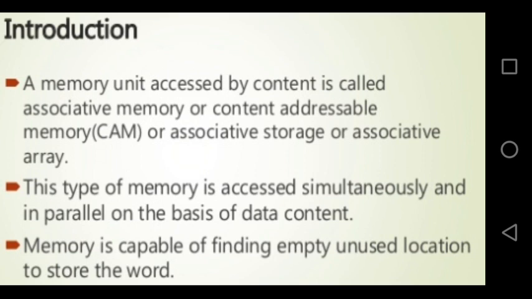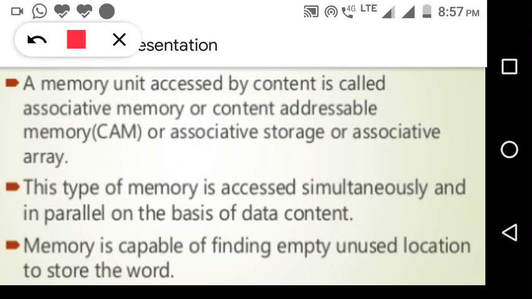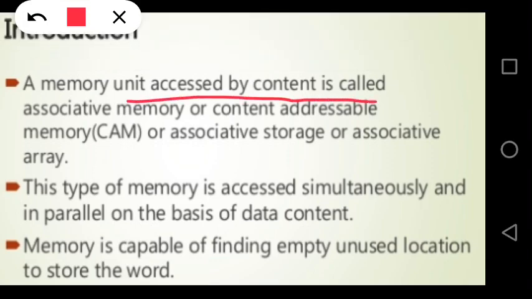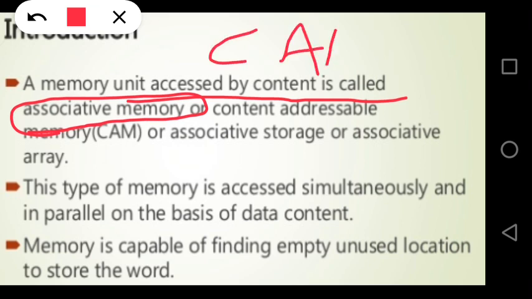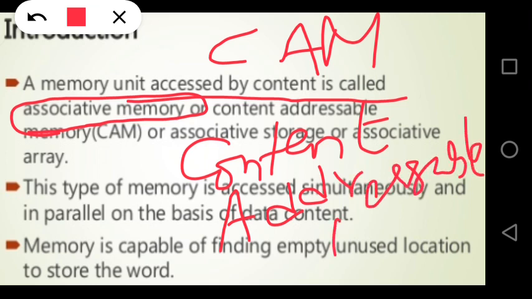A memory unit accessed by content is called associative memory or content addressable memory. So if the memory unit is accessed by its own content, it is called associative memory, and associative memory has a special name called content addressable memory.